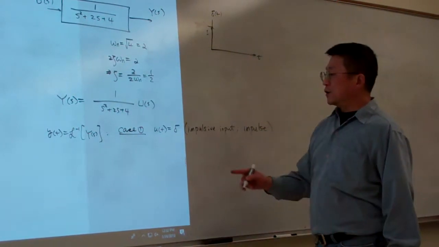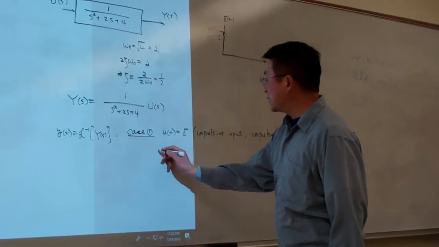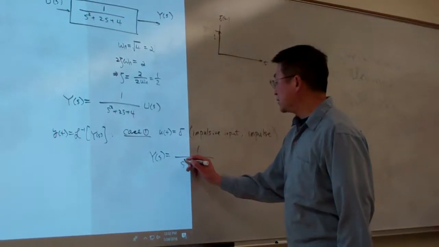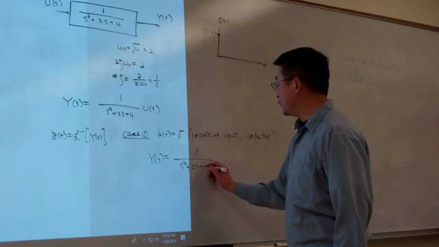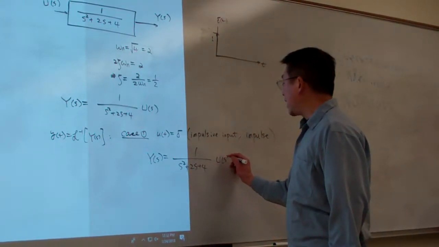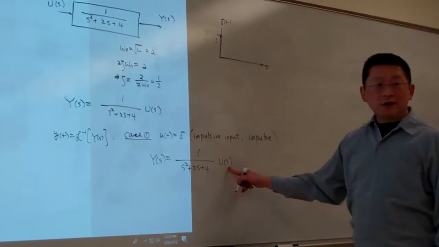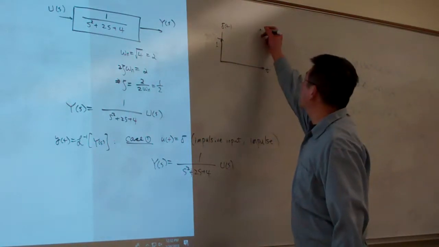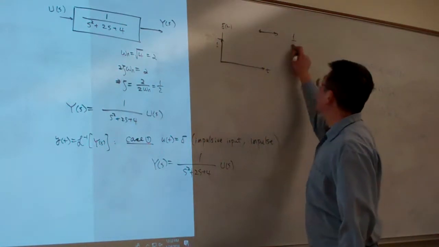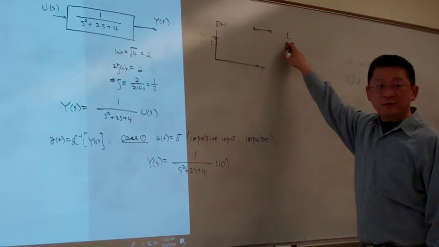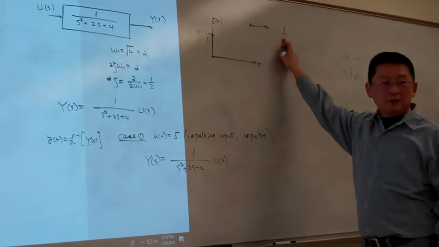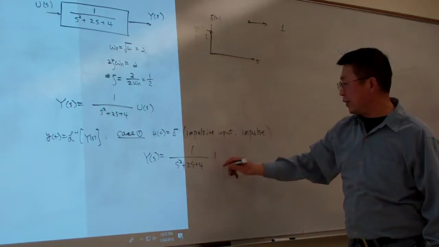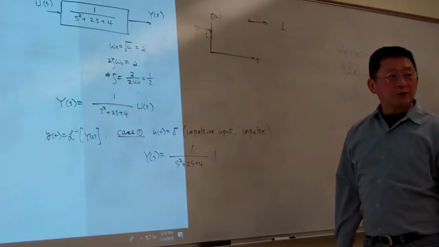Given this, you can see Y of s will be equal to 1 over s squared plus 2s plus 4 times U of s. And what is the corresponding value for the impulse? The Laplace transform of the impulse, again, take out your handouts, is equal to 1. So for this case, we multiply by 1. Be good?